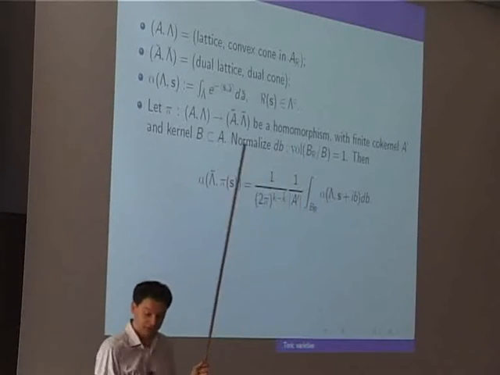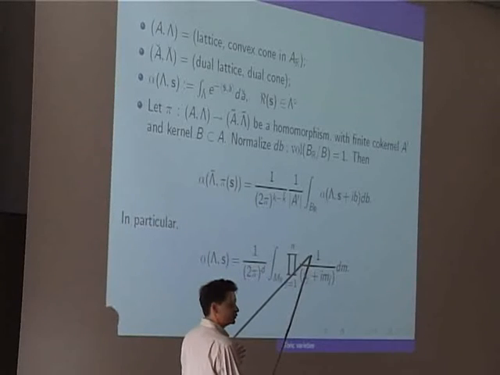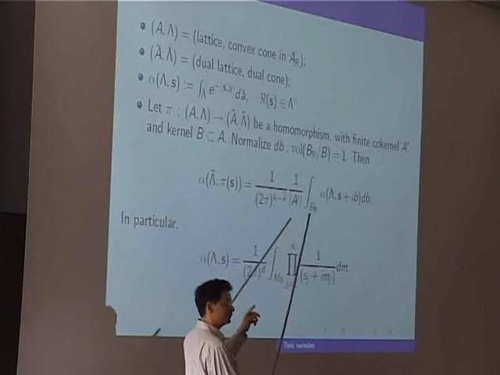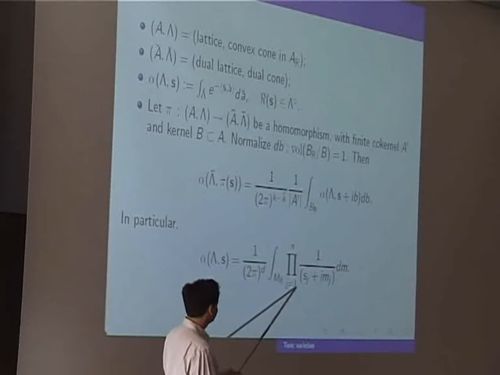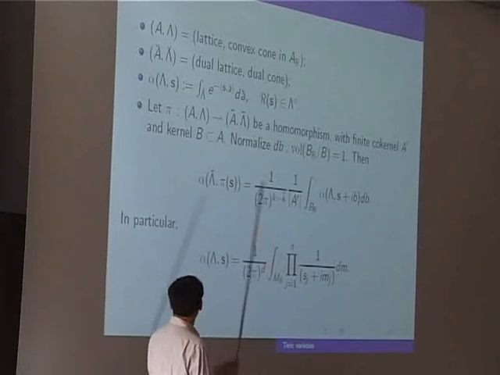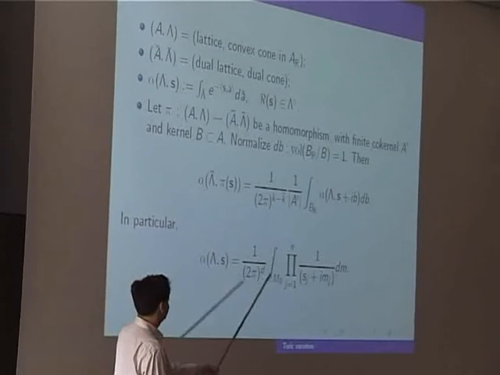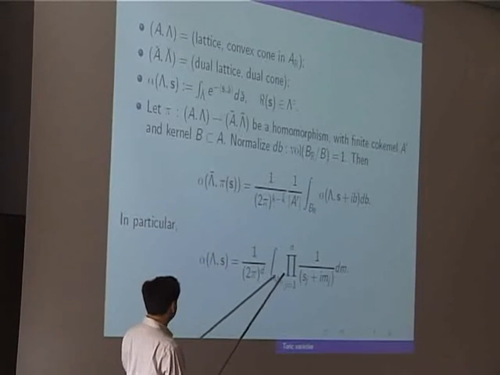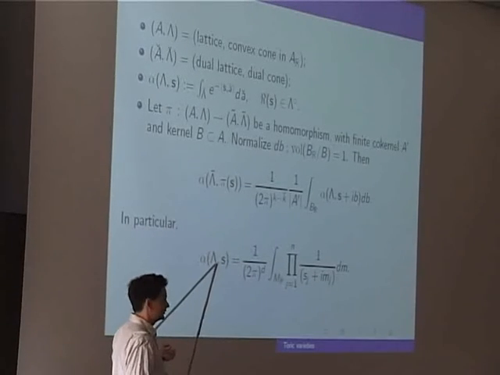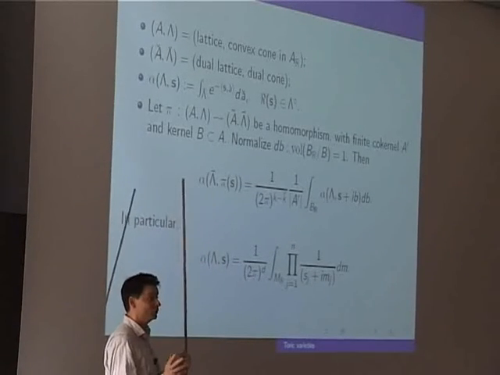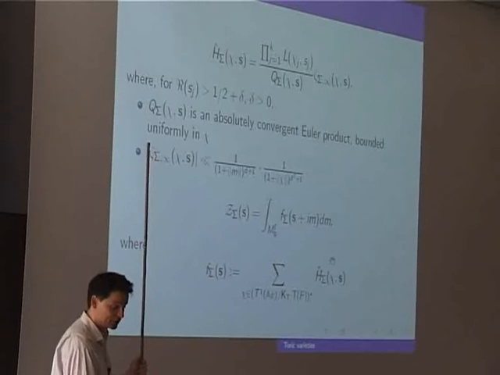In particular, in the case you're interested in, the alpha function of the simplicial cone was just 1 over s minus 2 over s the ring. So that's the alpha function of the simplicial cone of this cone here. And then we have relations which are m's. And if you integrate over the relations of the alpha function, then you get the alpha function of the image cone.